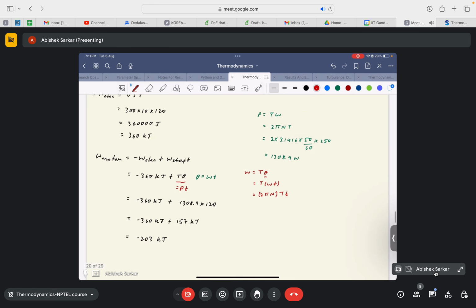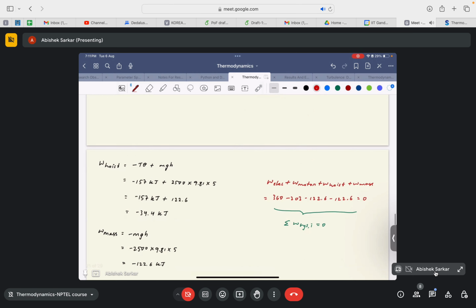This calculation gives 2 pi n into T equal to 1308.9 watt. Since we are running it for 120 seconds, it is into 120, so this will give around 157 kilojoules. I hope it is clear now.